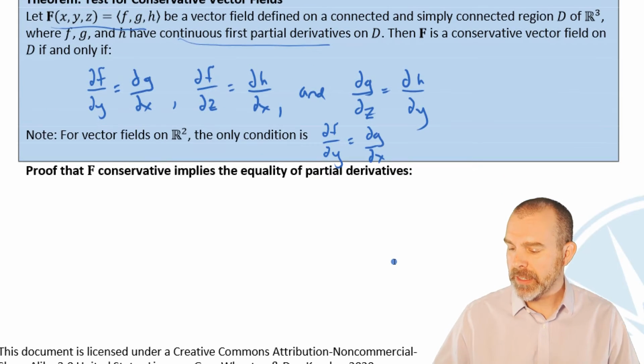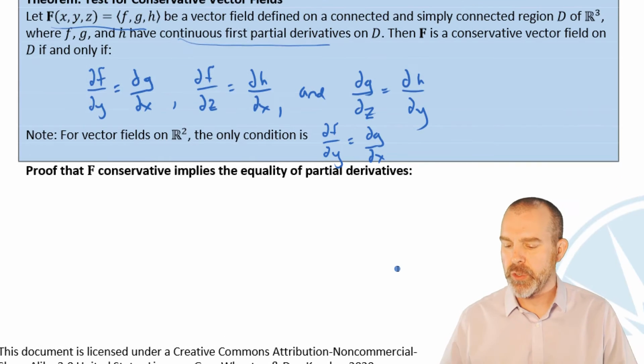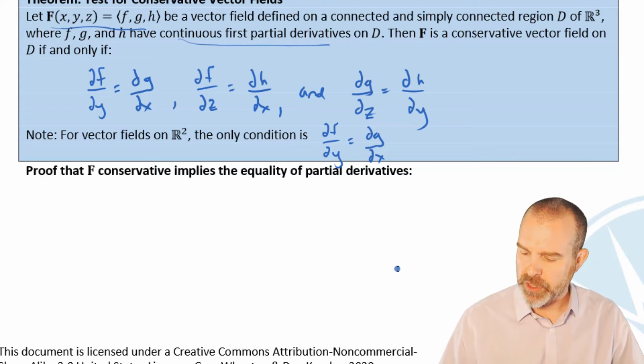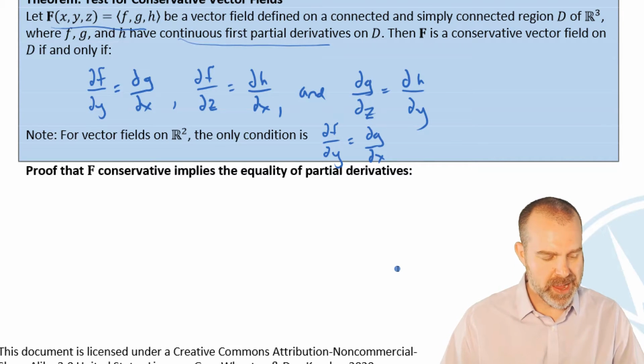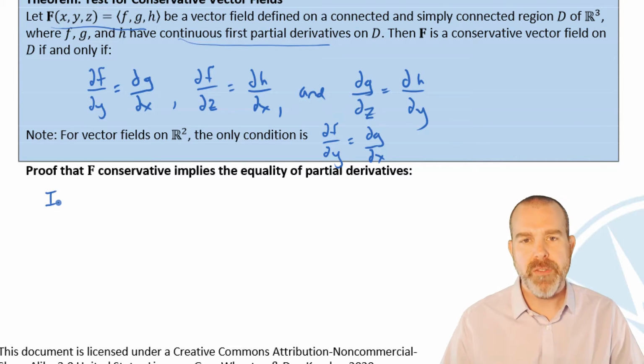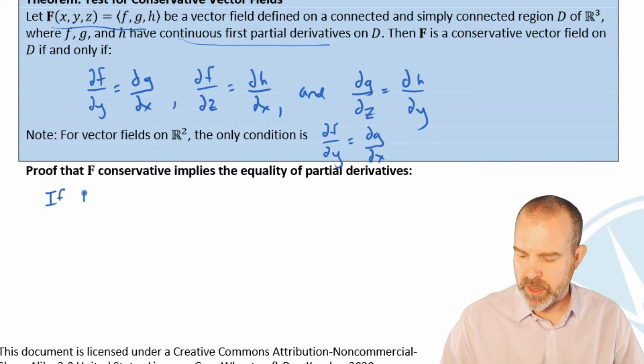So a quick proof here. We're going to skip some proofs later. We're going to prove just the two-dimensional version here. We need to prove if and only if, so we need to prove both directions.